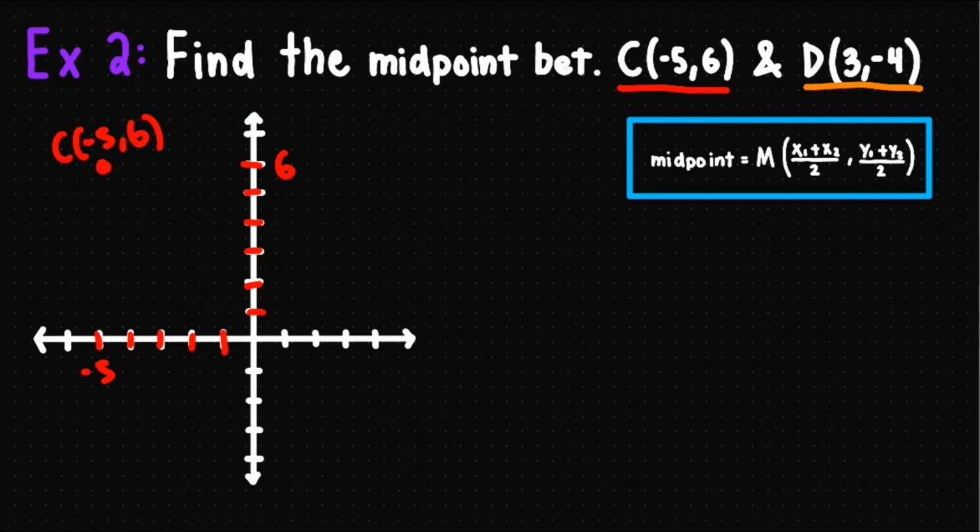Next, for the point D, we have the x coordinate to be 3, so 1, 2, 3, and the y coordinate to be -4, so that's 1, 2, 3, and 4. So the point is around here.